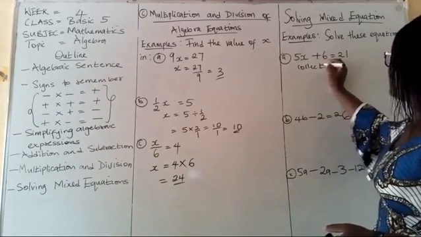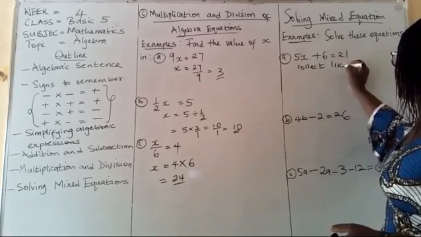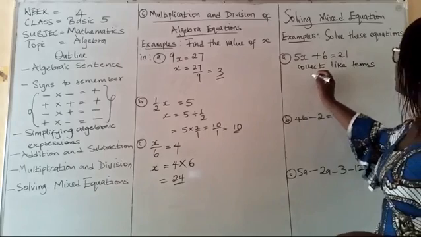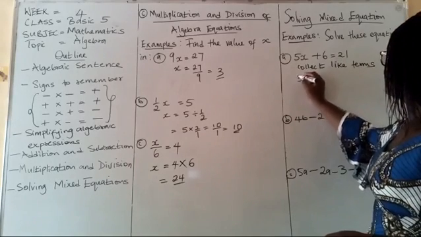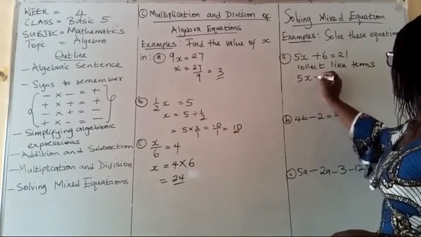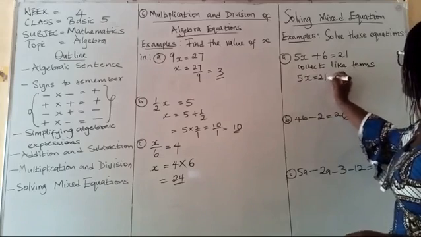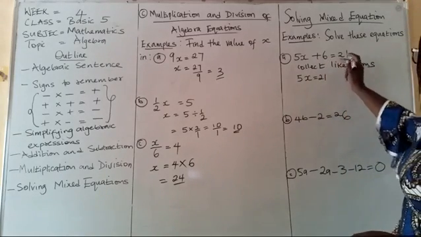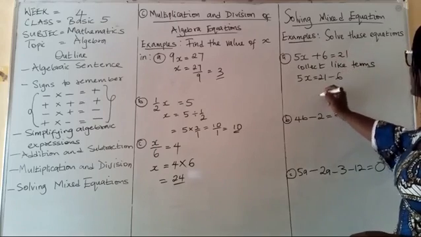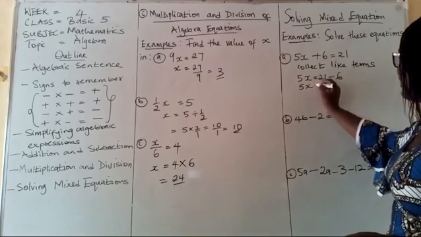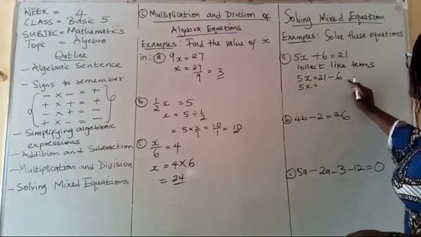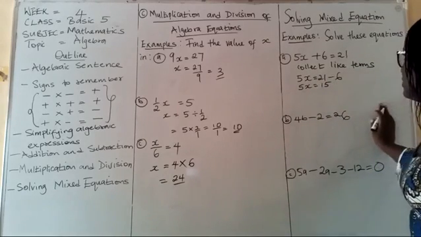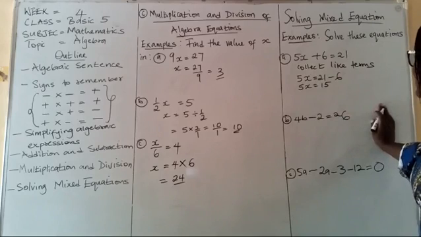Collect like terms. So you have 5s, bring your equality sign. You have 21 plus 6 crossing the equality sign to give us minus 6. So we have 5s. 21 minus 6 will be giving us 15. Am I correct? 21 minus 6 will be giving us 15.